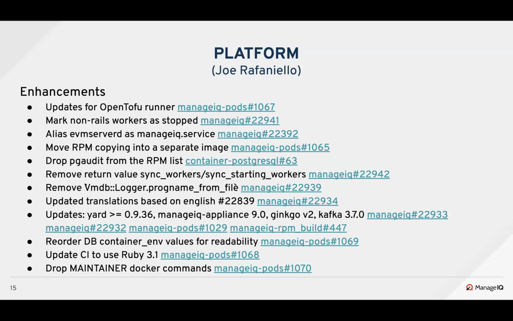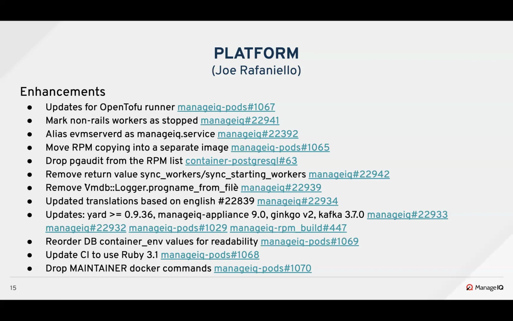Thanks, Adam. For platform improvements this sprint, Sudhir updated the operator to be able to support an OpenTofu runner image. Next, Adam continued his work on the non-Rails workers by marking them as stopped so that the worker cleanup can be done when the workers are gone. Keenan aliased the evmserverd as ManageIQ.service so we can normalize on a more consistent ManageIQ name.